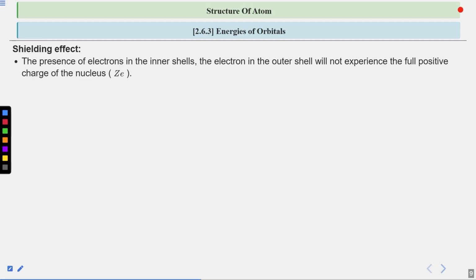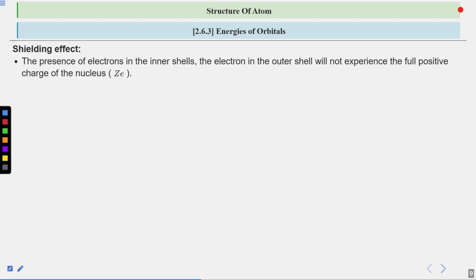Now, let us try to understand why this energy difference is coming, and why there is a disparity from the hydrogen-like species in the case of the multi-electron system. This part is very crucial to understand, so listen carefully.